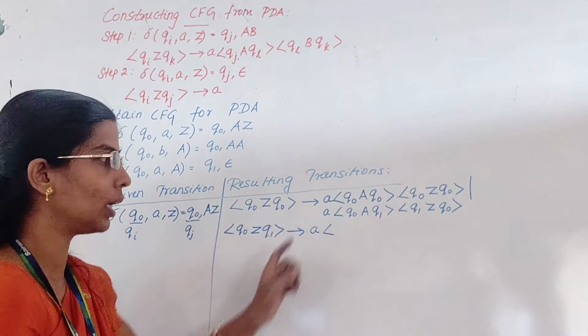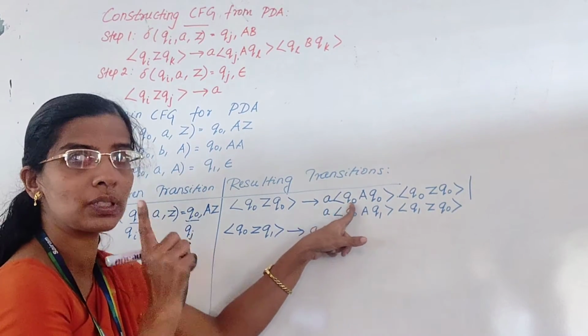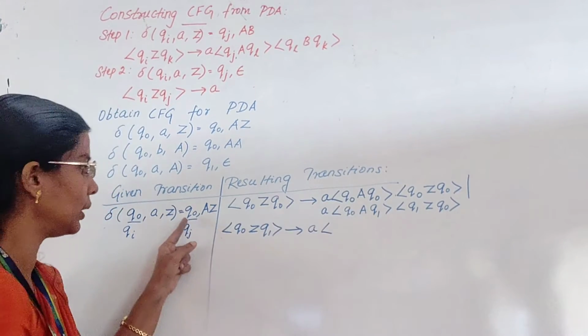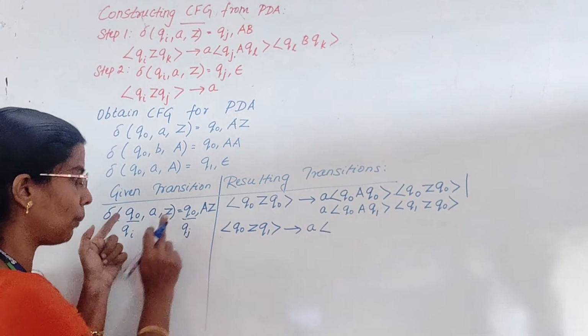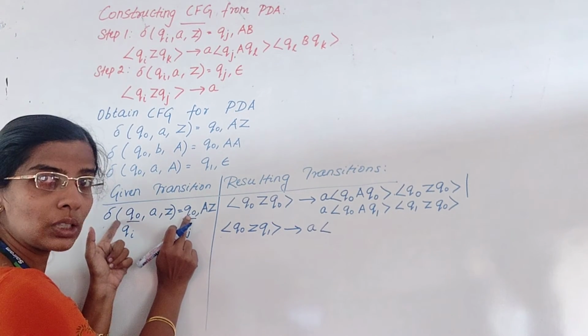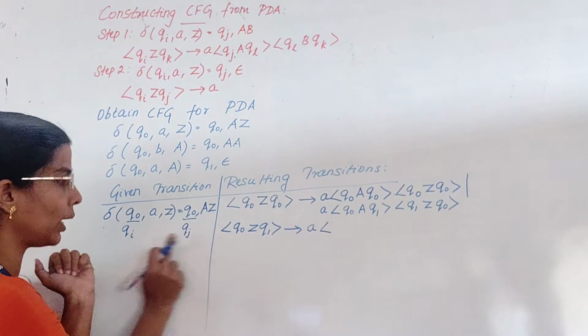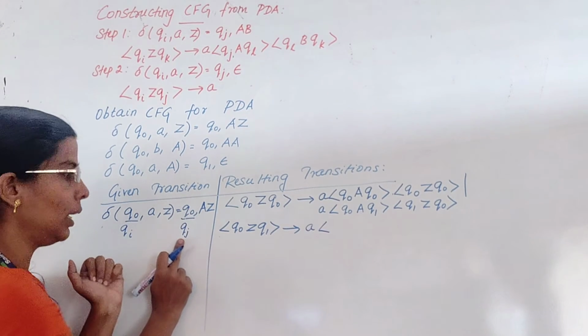How to start? What about this first value? This first value is Qj, which I have after my equal to symbol. Since in my transition there is no state change, both my Qi and Qj value remain the same.